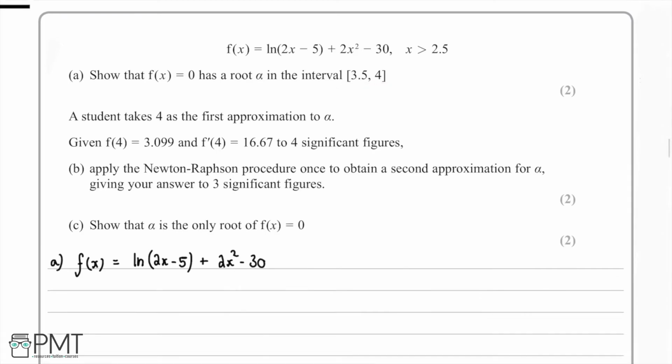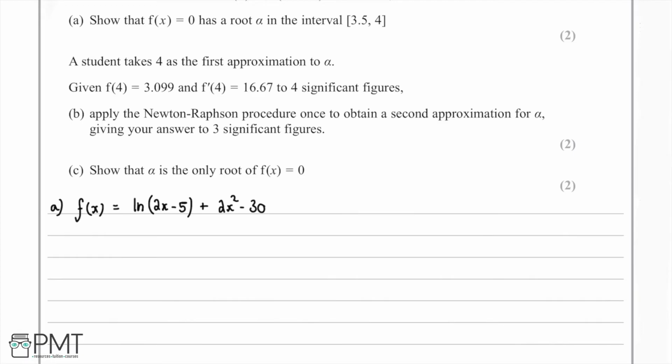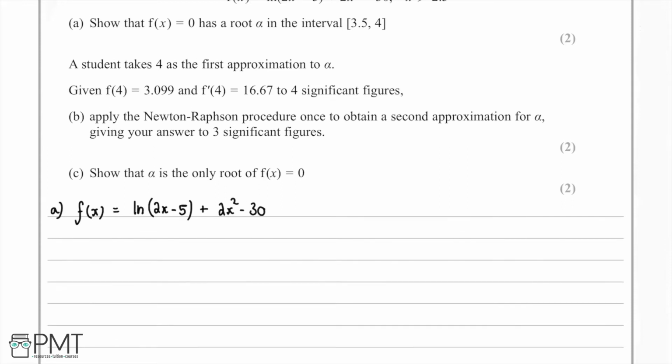So how are we going to do this? What we can do is show that if there's a change in sign within the interval 3.5 and 4, then we know that there will be a root at f of x equals 0. Let's take f of 3.5, which is the start point of our interval.